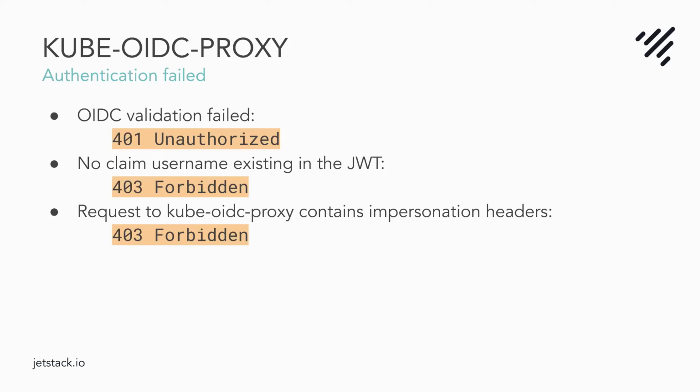And if the user is using impersonation during their request, then we'll return a 403 as well. That's based on the fact that Kubernetes doesn't allow you to stack impersonation. So you can't impersonate Alice, impersonate Bob, impersonate Charlie, for example. It's just not a mechanism it can do. So you'll have to disable impersonation headers in this way.